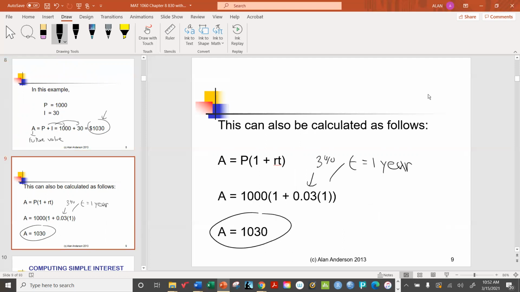You know that the interest rate is 3% per year, which is converted to 0.03. T is 1 year, and of course the principal is 1,000. So in this case, what you're actually doing is multiplying 1,000 by 1.03 to come up with this result. Okay. So of course, obviously you can see that either way, we got the same result.